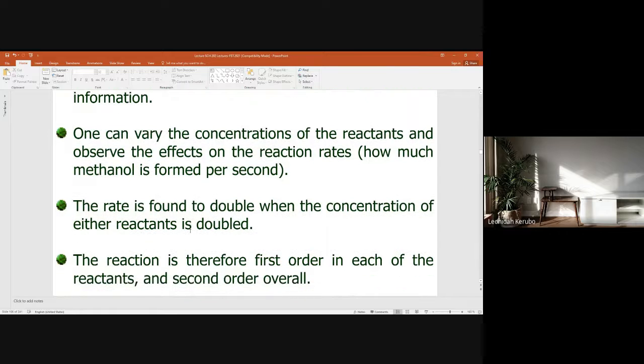If you double the concentration of the hydroxide ions, the rate of reaction is doubled. And if you double the concentration of the alkyl halide, that's iodomethane, the rate is also known to double. So the reaction is therefore first order in each of the reactants and second order overall.